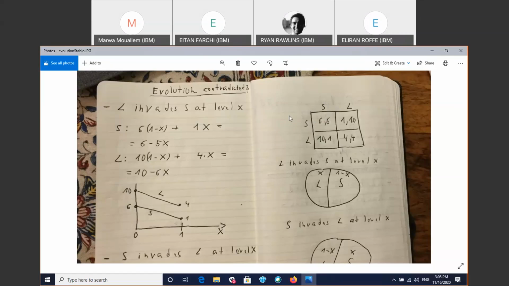Are you sure there is one? Yes? Both are large. Yeah, if both players play large, then they get 4-4. Now, if player number 1 changes, it goes to small, and player number 1 will get 1 and will lose.